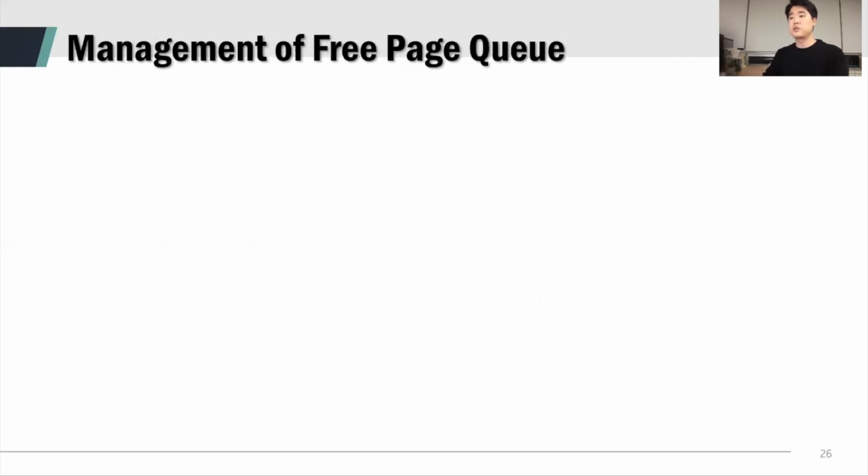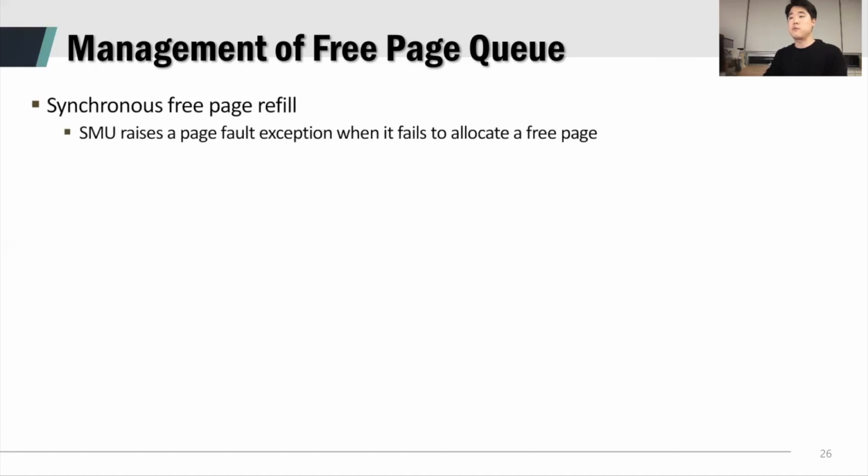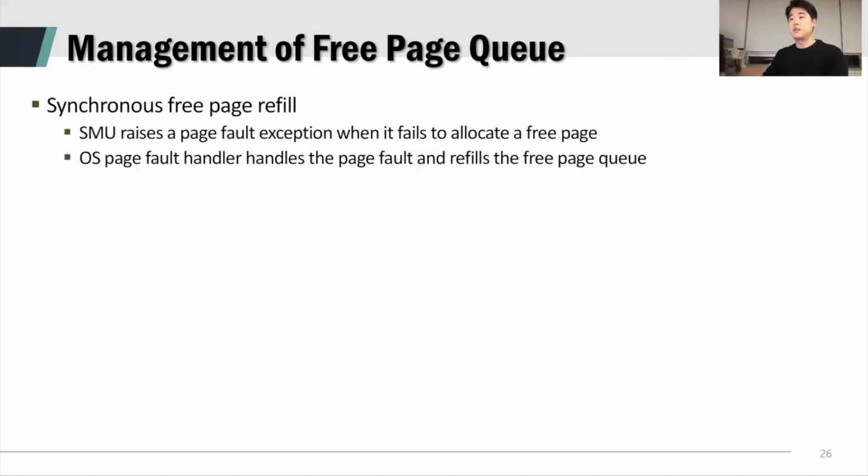The next OS support is to fill free pages in the free page queue. The first way is synchronous page refill. When the SMU fails to allocate a page during page mishandling, it raises a page fault exception. The OS page fault handler handles the page fault and refills the free page queue by allocating free pages from the OS memory allocator.